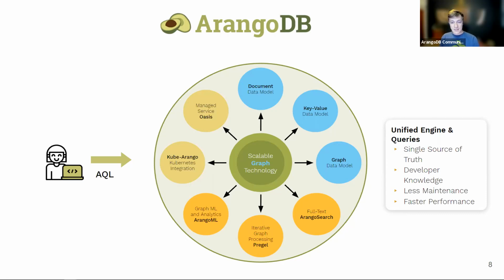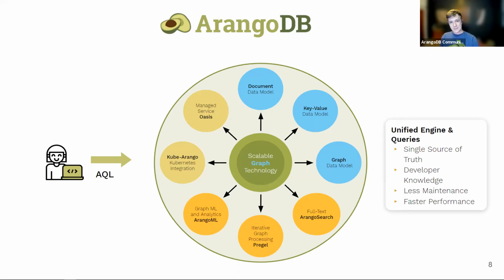And the big takeaway, and the reason I've mentioned this native multi-model thing multiple times, is that all of this is inside of a unified engine, a single core and a single query language. That means that you're not querying different data stores, or using different query languages for each sort of query that you want to do.